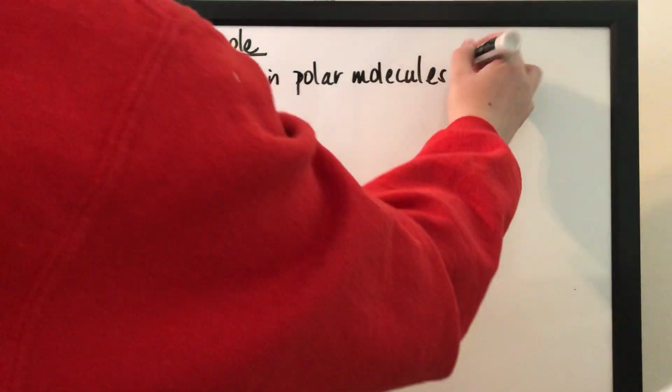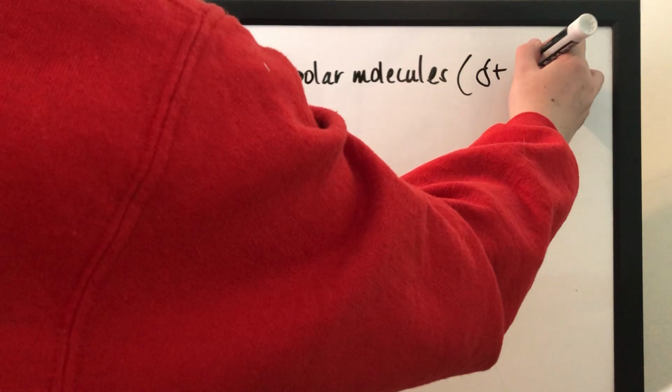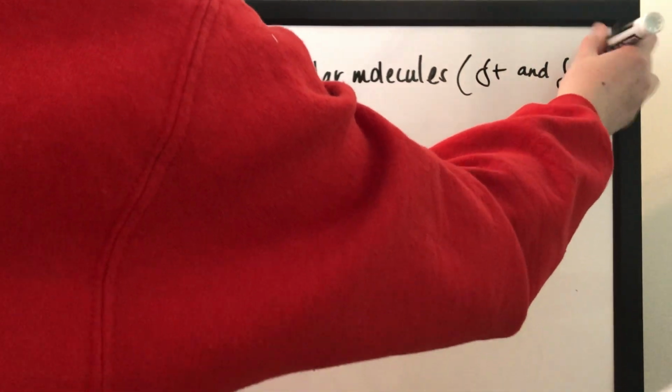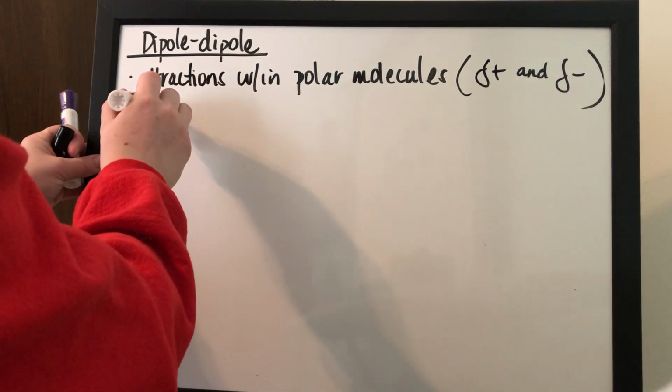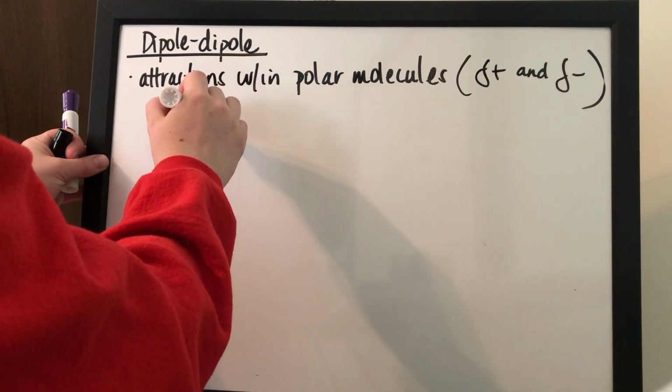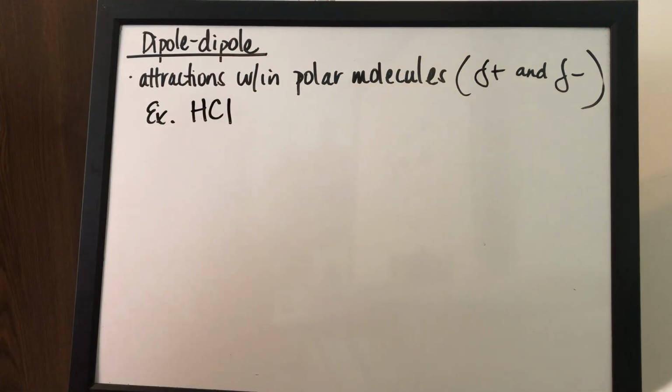Okay, so we are talking about a partial positive and a partial negative being attracted to each other. This is dipole-dipole forces. So, let's talk about an example. Let's say we have HCl.